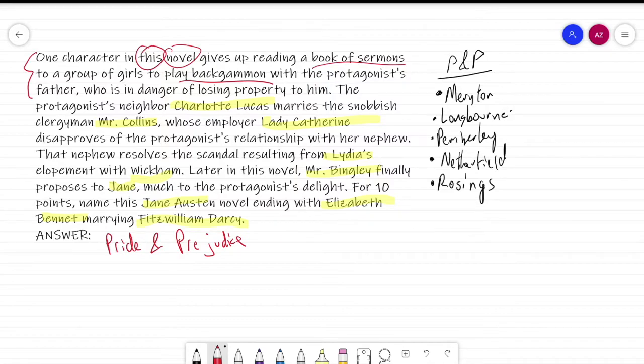For example, in Pride and Prejudice, the scene they're describing is very refined. They're playing backgammon or reading about religion, and that's fine. Versus in Wuthering Heights, the opening scene is this guy walks into the house, and then they're at dinner, and the owner leaves, and then his dogs start attacking the protagonist, or our narrator anyway, and a servant has to come back and physically beat back these dogs.